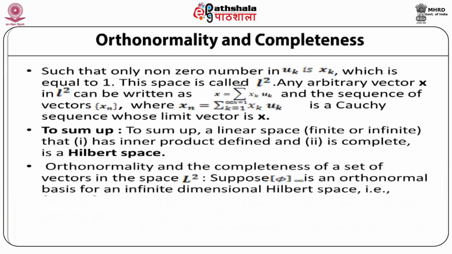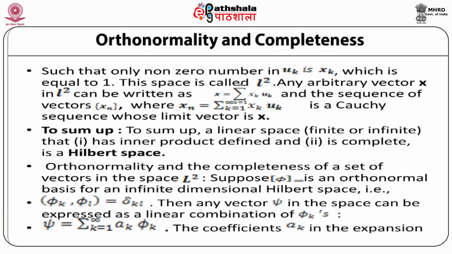Then we come on to orthonormality. So, orthonormality and the completeness of a set of vectors in the space L square. For defining this, let us suppose that phi k within square brackets, k up to infinity, is an orthonormal basis for an infinite dimensional Hilbert space.